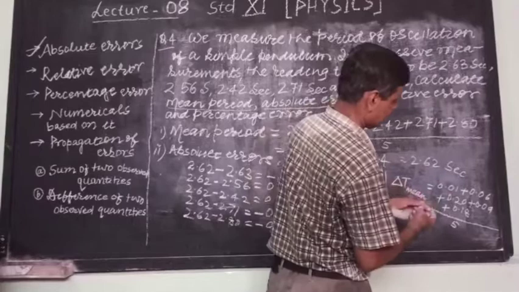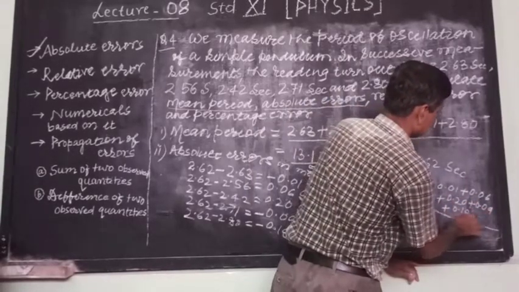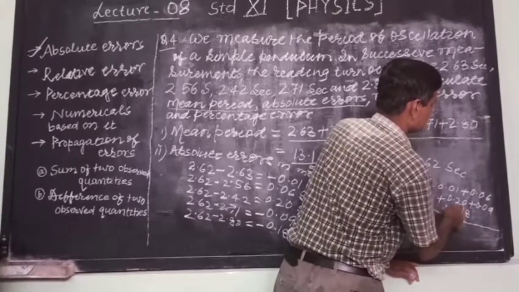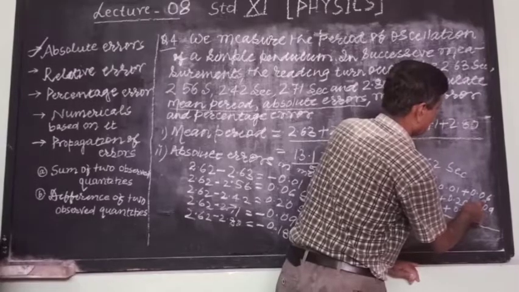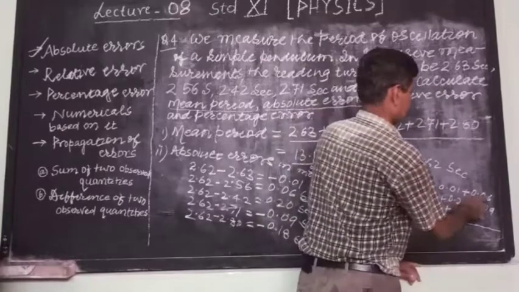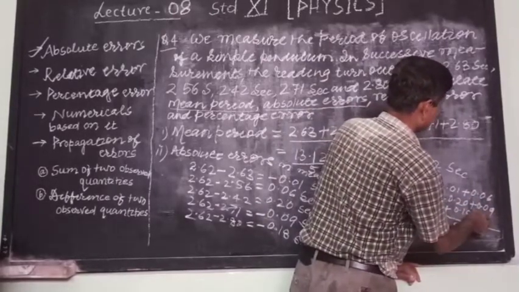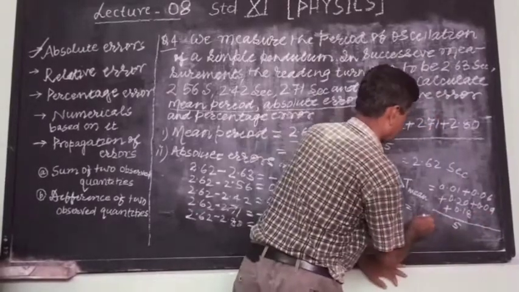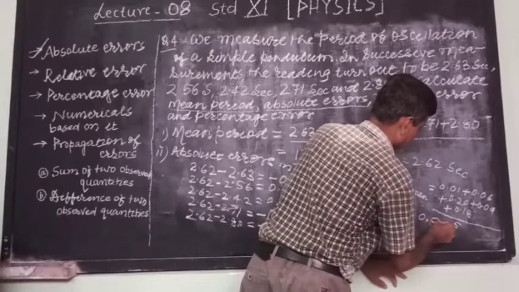Now you have to add it. Simple mathematics. 18 plus 9, 27 plus 20, 47 plus 6, 53 plus 1, 54. 0.54.